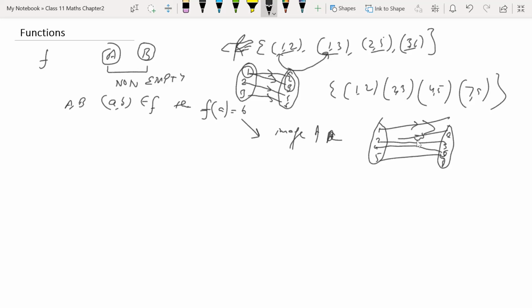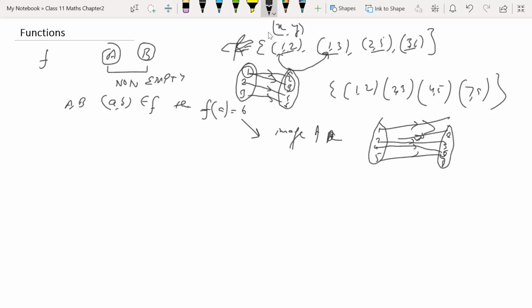This element is x, this element is y. In more simple words, if you see a relation like this, you can answer quickly by seeing only the x elements.